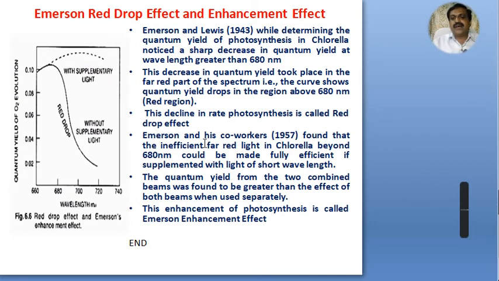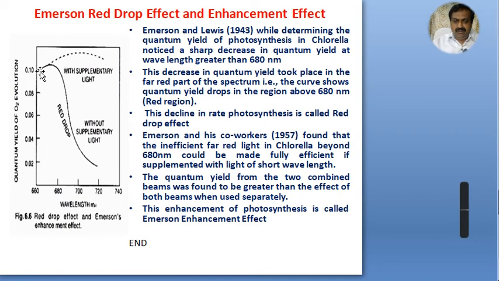Later, Emerson and his co-workers like Lewis realized that the inefficient far red light in Chlorella beyond 680 nanometers could be made fully efficient if supplemented with light of a shorter wavelength. If the same chlorophyll is subjected to alternate light of a short wavelength and a longer wavelength, there was a sudden increase in the rate of photosynthesis.